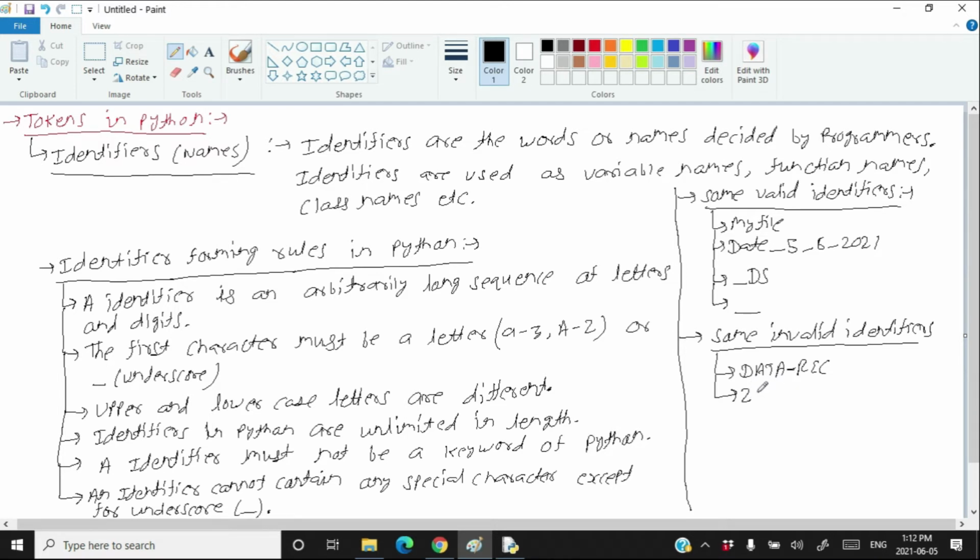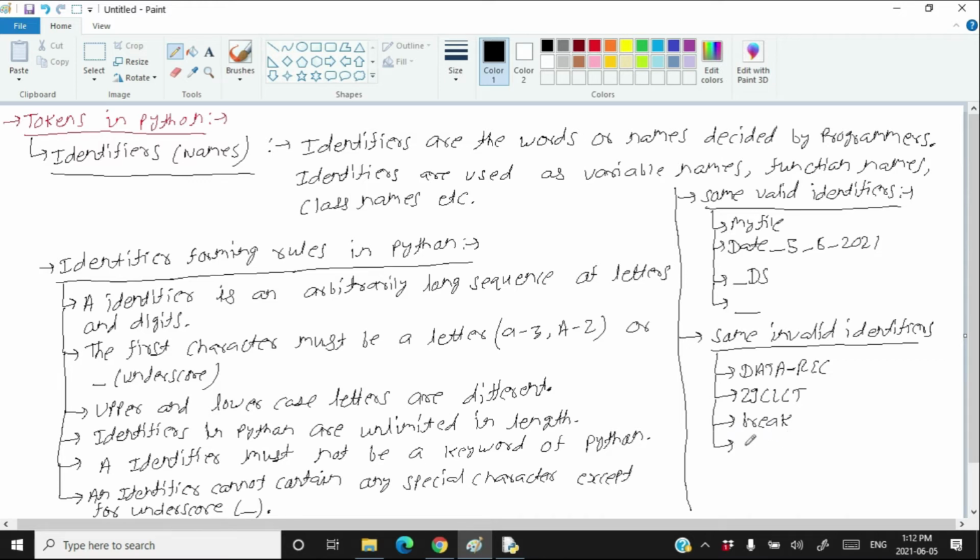The other invalid identifier is 29CLCT. This is also invalid because the identifier name is starting with a number. Then break. This is also an invalid identifier because break is a keyword in Python. You cannot use a keyword as an identifier.